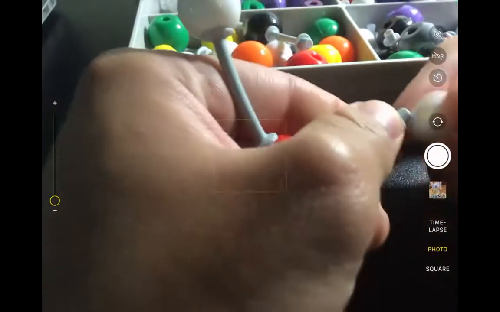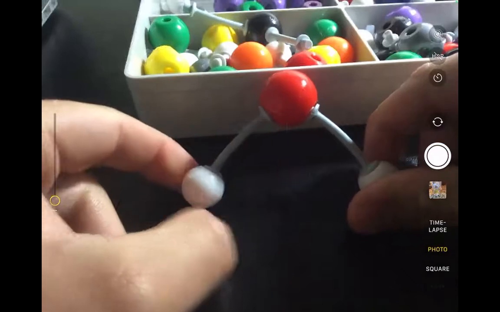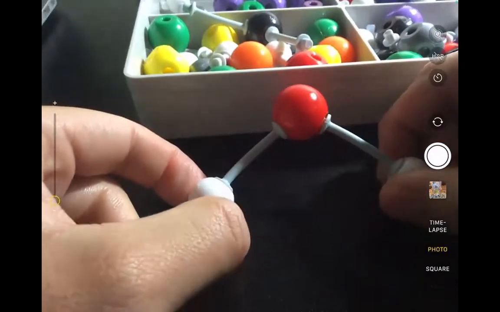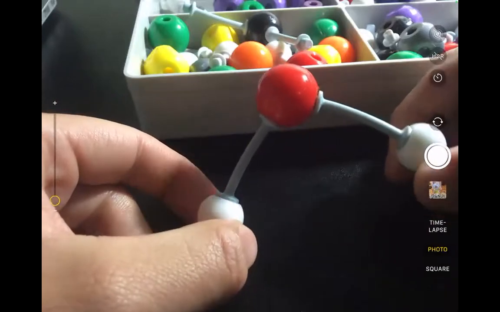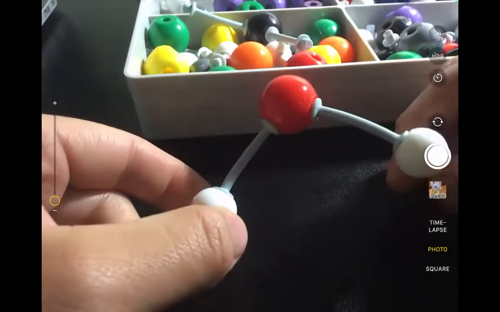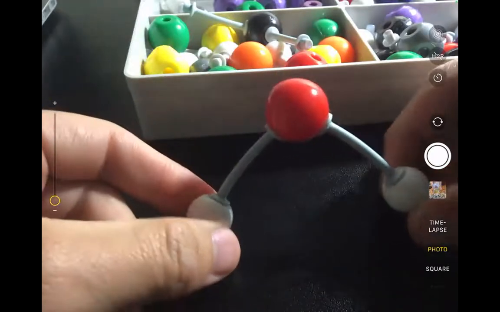So just take a red sphere, attach it to 2 of your longest, use 2 of your longest bonds, and then attach 2 white spheres at the end of it. So this is your molecular model of what water looks like.